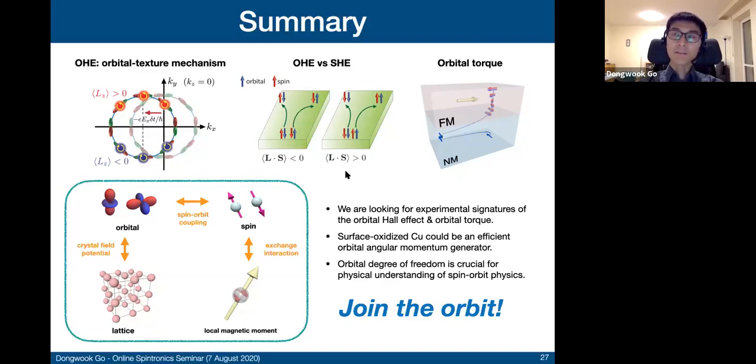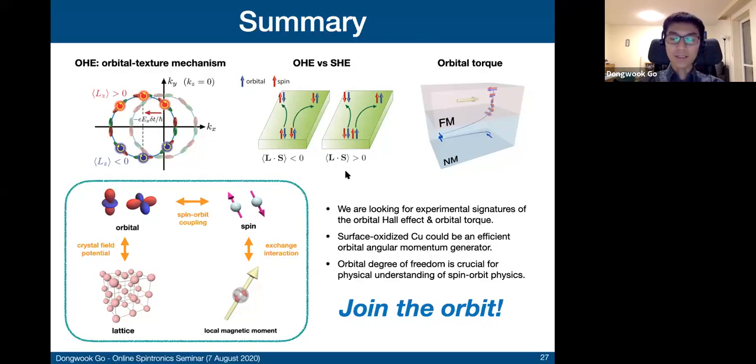But my gut feeling is that it might be small, because the torque mechanism in a magnetic insulator is slightly different from the metallic case: it is mediated by proximity exchange interaction. For the orbital, I don't think this can be mediated by proximity exchange interaction, but I'm not fully sure. It might be possible, but we need to study it in more detail.